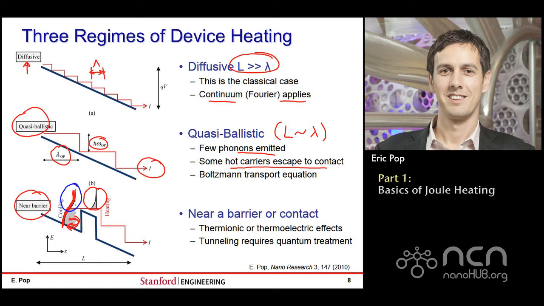So what is happening in this case is that we will have heating to the right of the barrier, and we will end up with net cooling to the left of the barrier. Heating to the right because, of course, the electrons that have made it over the barrier will eventually have to relax their energy to the lattice. So we have a very interesting asymmetric transport property across this barrier, with cooling to the left and heating to the right. We will come back to the tunneling effects because these actually require quantum treatment. But this is a very simple example of the thermionic effect.